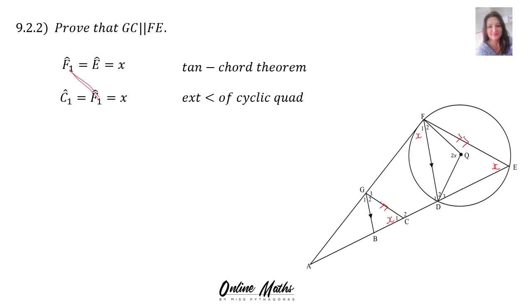So therefore we can say that C1 is equal to E. And can you see they, in fact, are corresponding angles equal? And that implies that GC is parallel to FE. What's our reason? Corresponding angles equal.